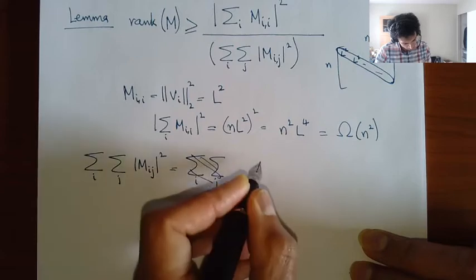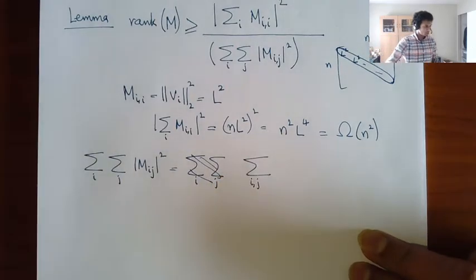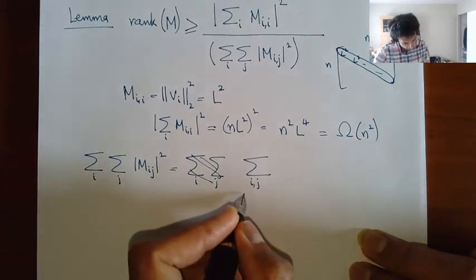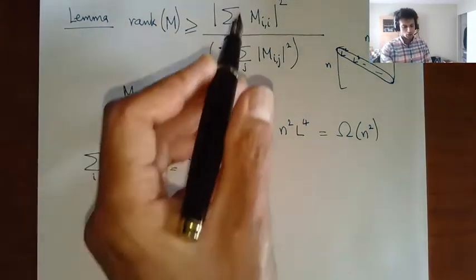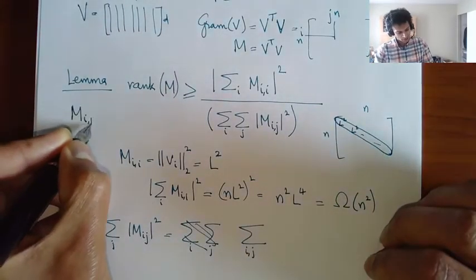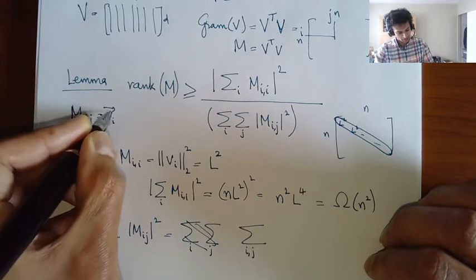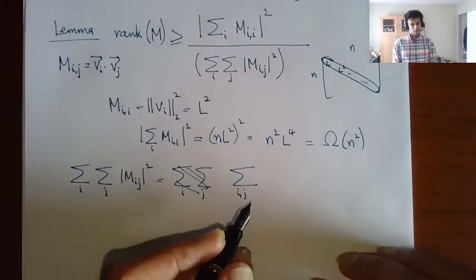Let me write this out this way. I'll sum over all ij such that, remember, because we're talking about the gram matrix, M_ij is just vi dot vj. So I'm just going to refer to vi dot vj directly.